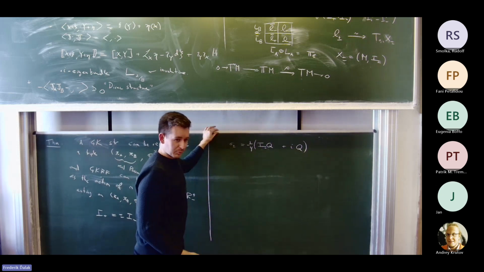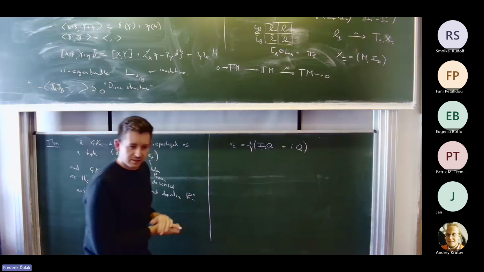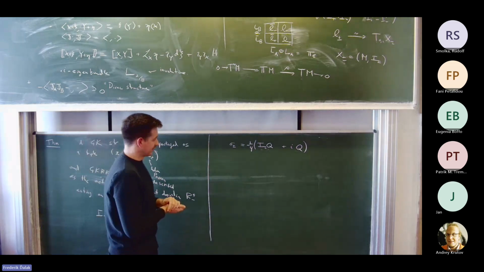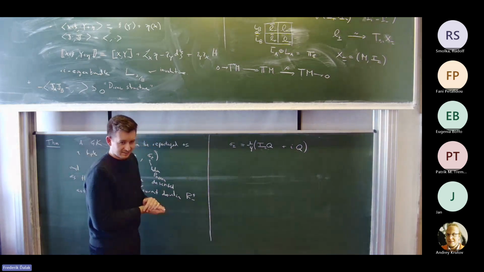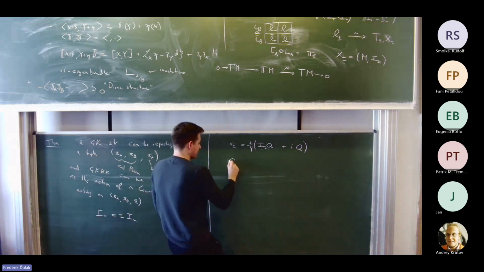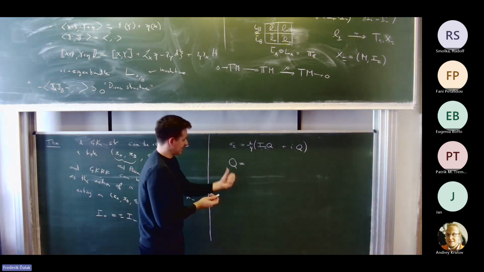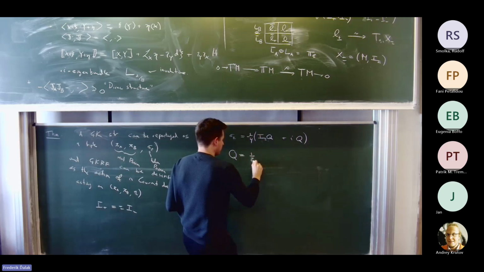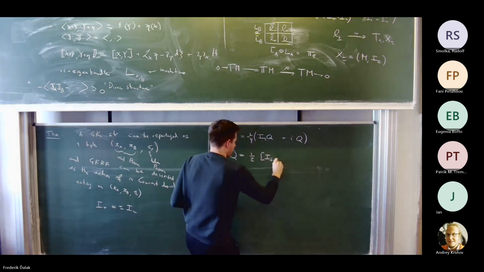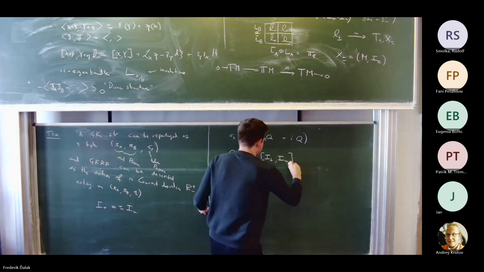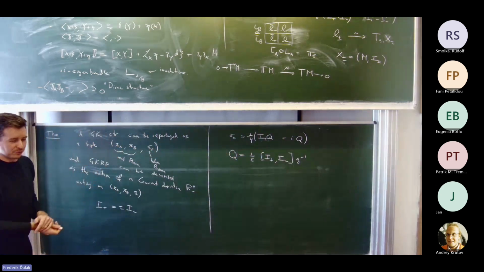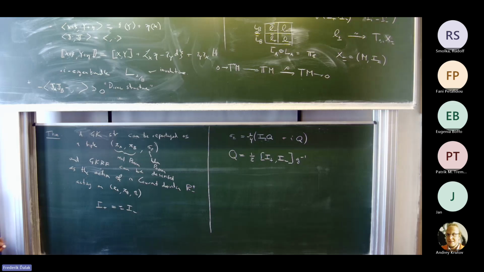Sigma plus is holomorphic with respect to I plus, and sigma minus is holomorphic with respect to I minus. To produce the holomorphic Poisson structure, we take this formula.